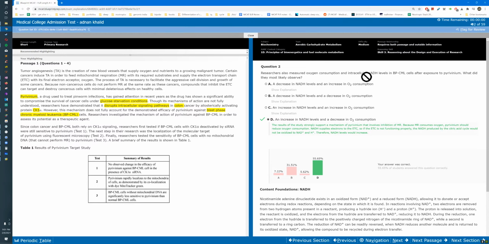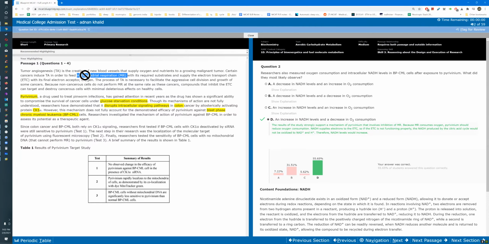So basically, after they exposed it to this, what happens? It goes to the mitochondria and breaks down mitochondrial respiration. It prevents that from happening. That's why it's good at killing bad cells, like cancer cells.